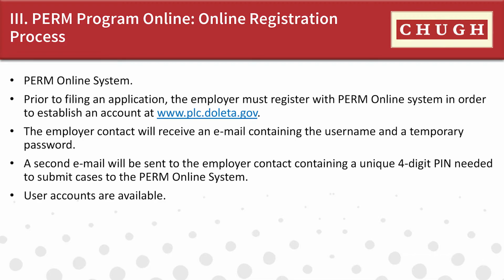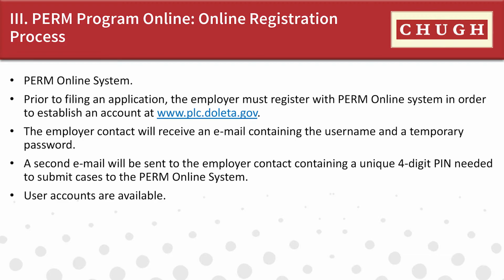By registering for PERM online, the employer's information entered at registration is stored in a profile used to pre-populate key fields of the application. This feature will assist an employer in viewing and or printing previously prepared applications that they have submitted or are in incomplete status.